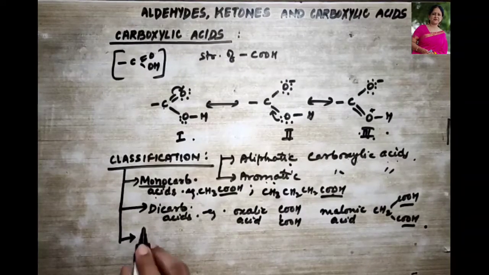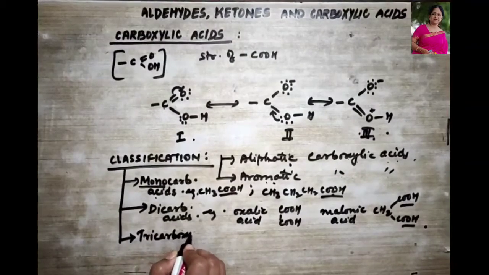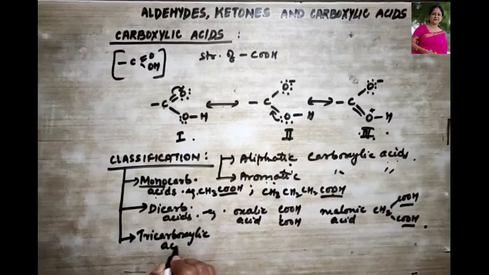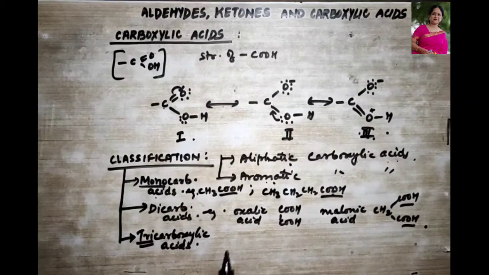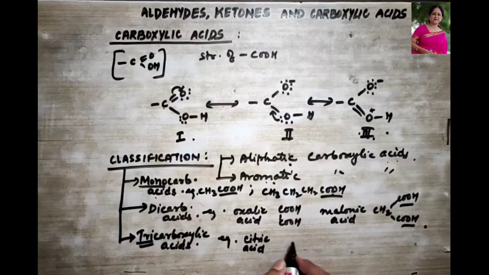The third type is tricarboxylic acids. As the word suggests, tri means there are three carboxylic groups present, right? An example could be citric acid. What is the formula of citric acid? This is something new, so let us learn the structure of citric acid.